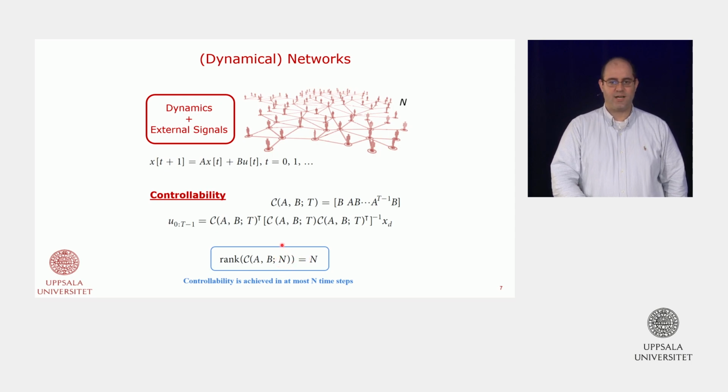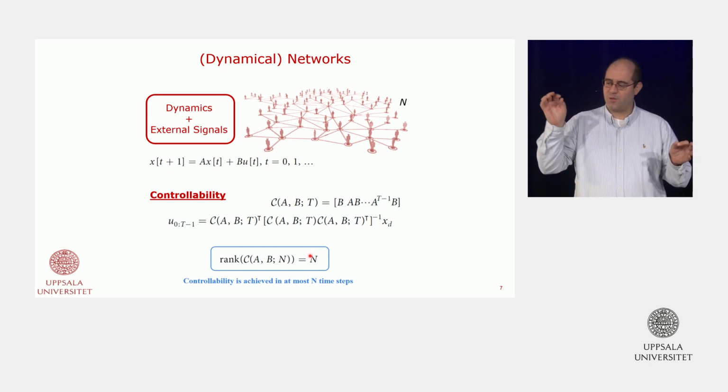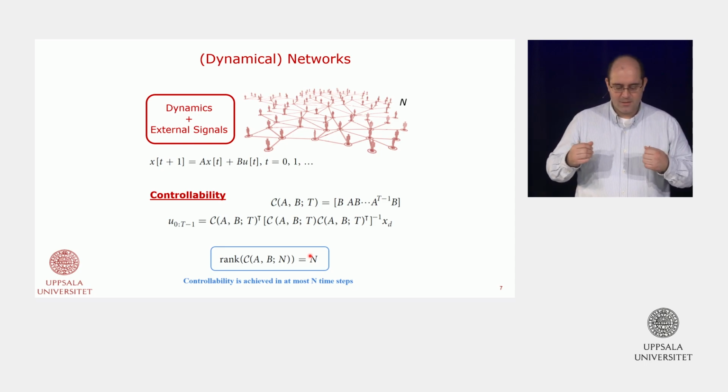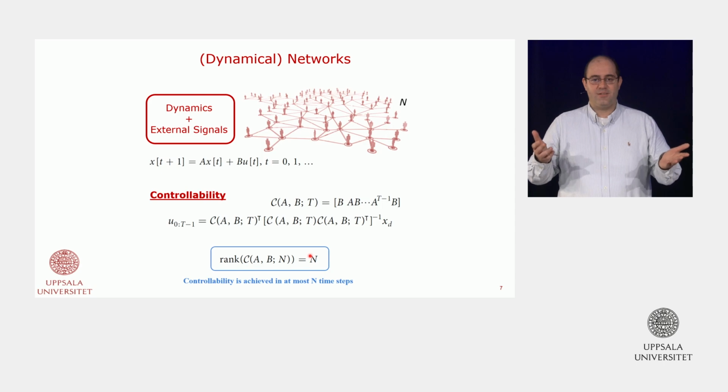Here you can see that we have this calligraphic N, whereas this controllability matrix here was just up to capital T. And that is because when we talk about controllability, we often implicitly assume that if it is possible to find such a sequence of inputs from point A to point B, that should be achievable in at most capital N steps. Meaning that if I allow even further time to control my system, it is irrelevant, in the sense that if a sequence of inputs exists, it will exist in at most N steps.